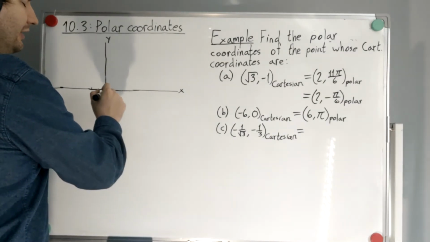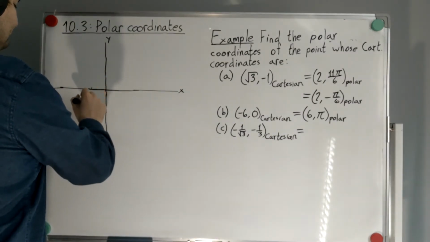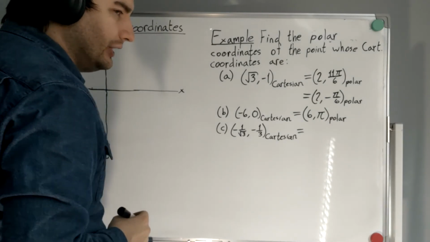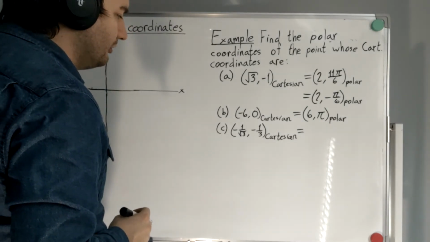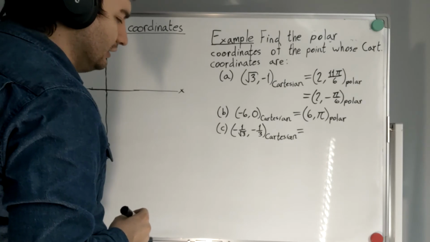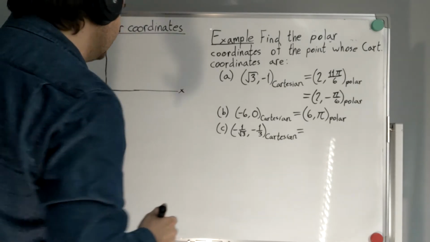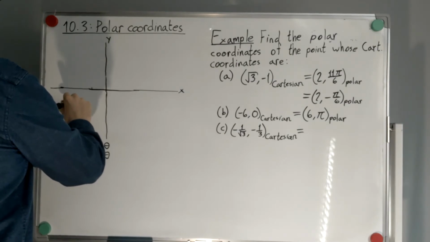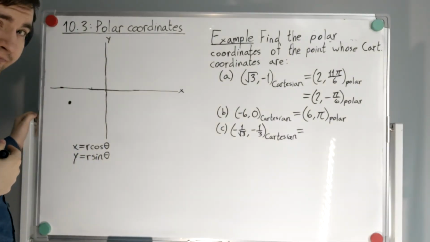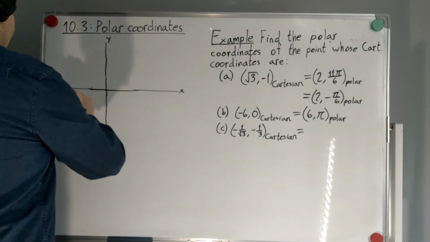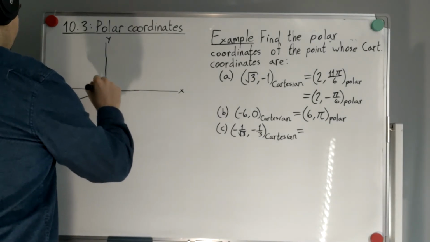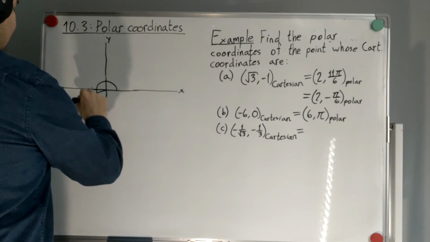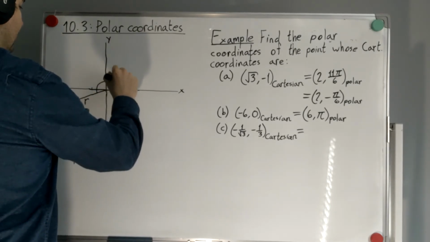Root 3 is smaller than 3, so that means 1 over root 3 is larger than 1/3. So I guess somewhere around right there. We just need to find this radius and this angle.